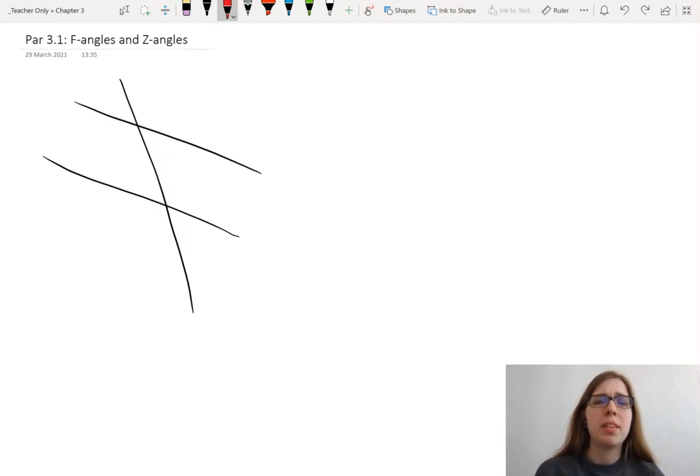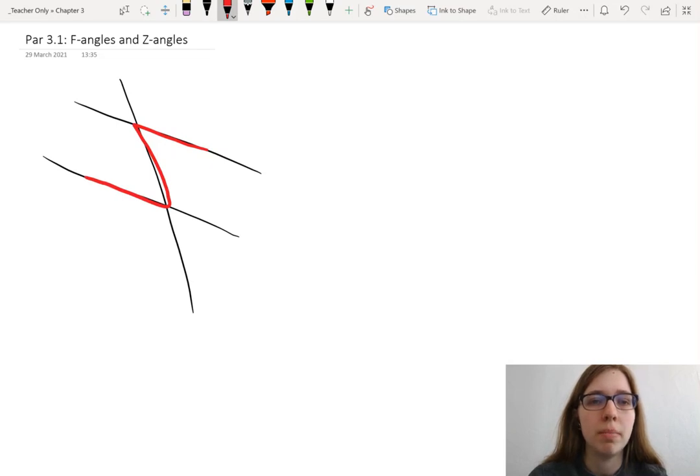Okay, but what does that mean, F and Z angles? What it means is if I have a Z like this, two parallel lines and one extra line in between, then these angles inside my Z are equal, and they will always be.